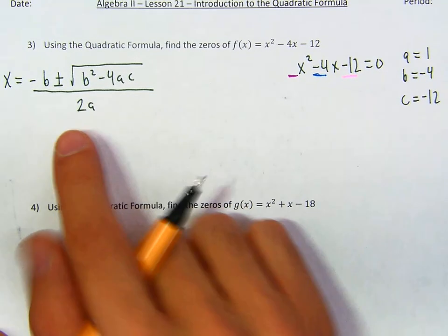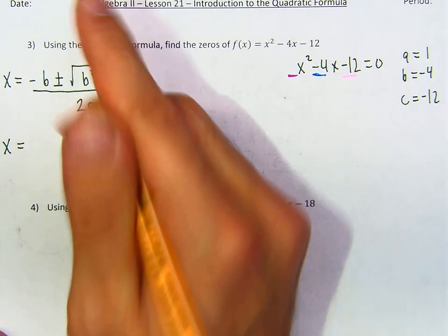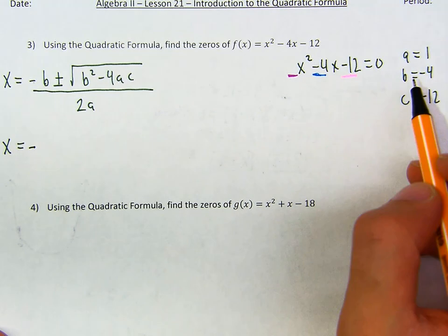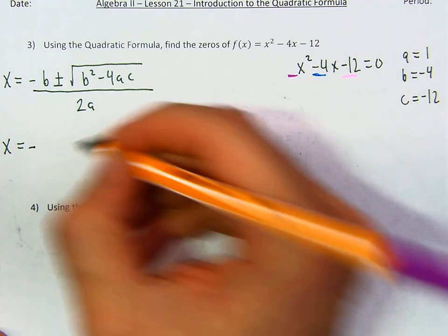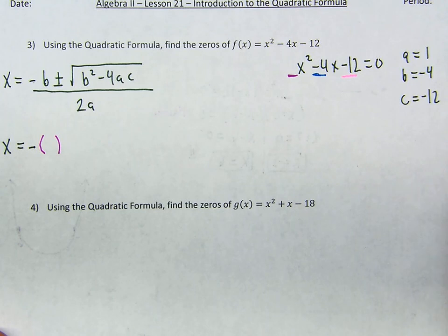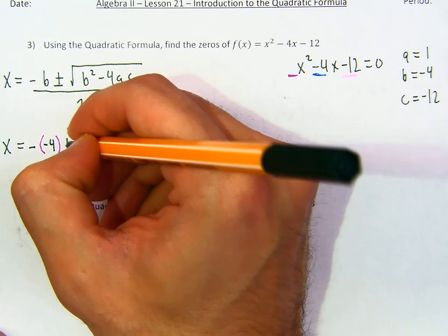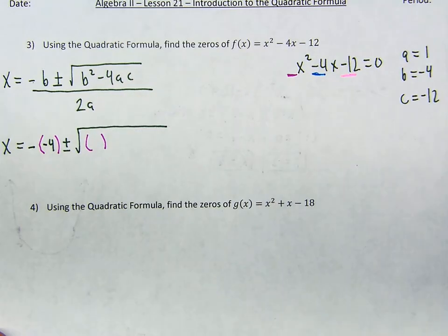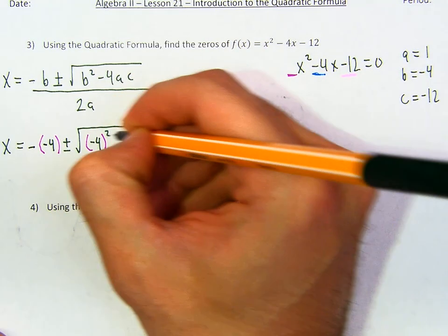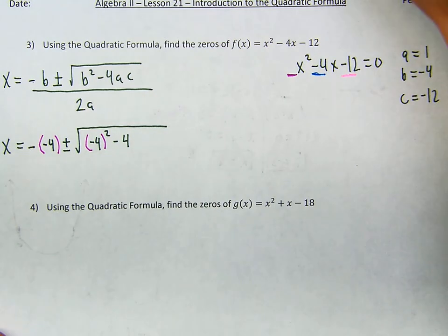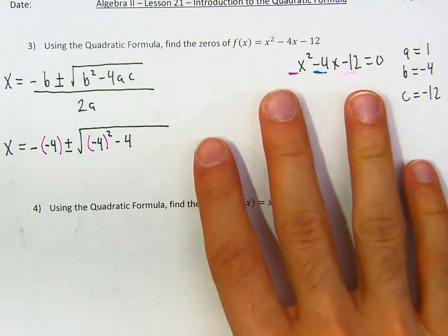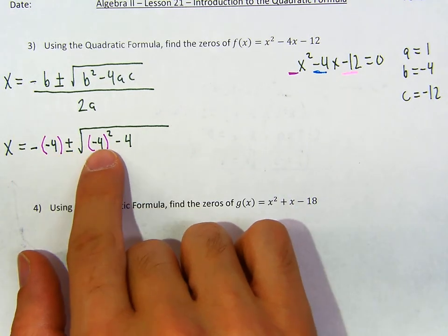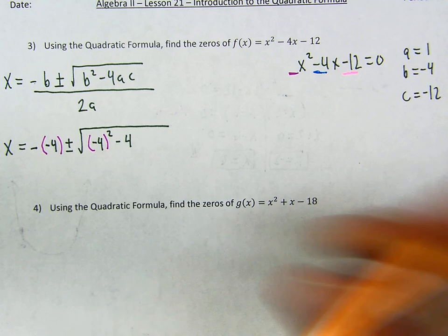So let's see, how does it work? It says x equals negative, right? The first symbol, negative. What's the next number we're going to put in? This -4. And anytime we substitute, I'm going to put parentheses. -4 plus or minus the square root of -4 squared minus 4, then times what?